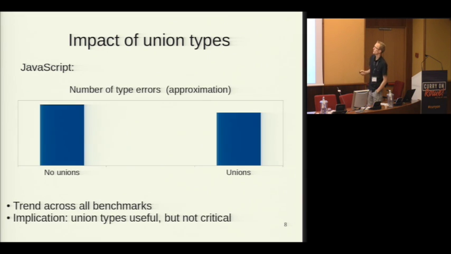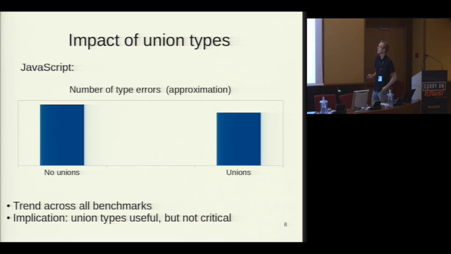So if we compare two type systems, one without union types and the same type system just with union types, we can do so easily in the framework I'll present later. We can get this approximation of type errors we would get for the code base we're interested in. And concretely, we see that adding union types will reduce the number of type errors slightly.